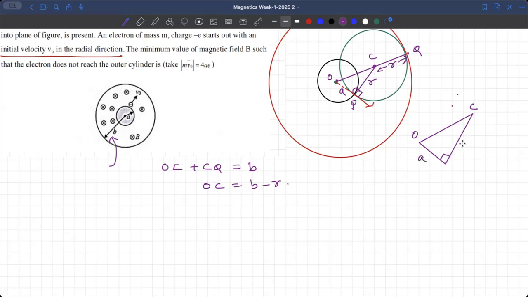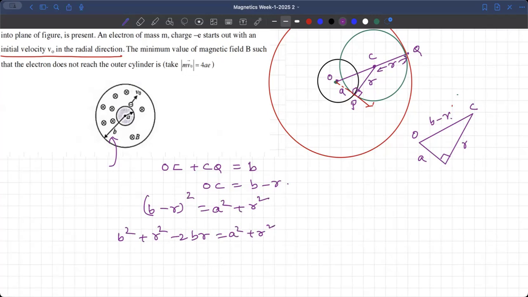This is A, this is R, this is B minus R. So Pythagoras theorem states (B minus R) square is A square plus R square. B square plus R square minus 2BR is A square plus R square.